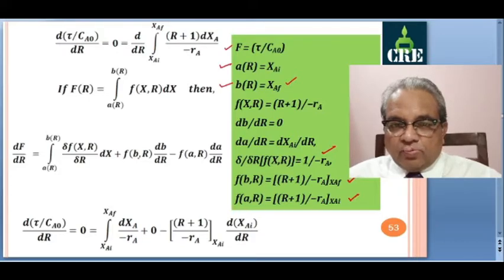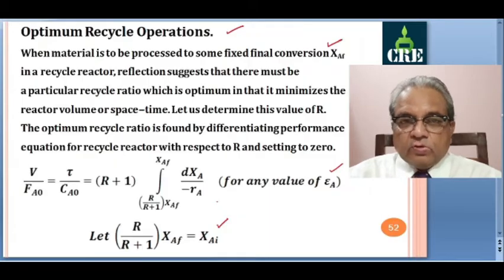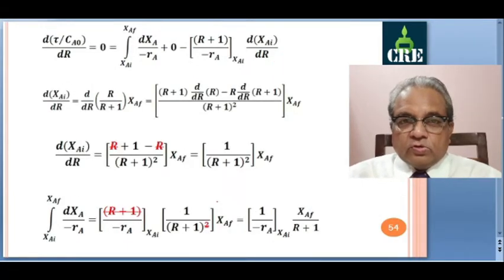F of b, r into dB by dr is 0, so the second term becomes 0, minus f of a, r, it is R plus 1 by minus RA evaluated at XAI, into dA by dr, which is d dr of XAI. Okay, so this is reproduced from the previous slide.